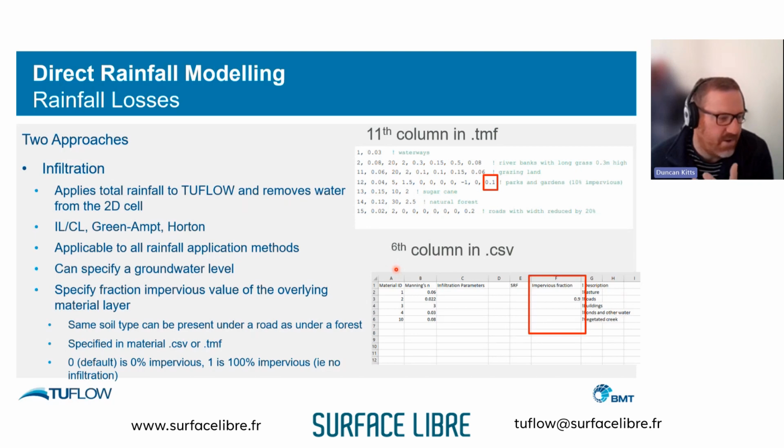What that means is that all the soil essentially infiltrates. 1 is 100% impervious, i.e. we don't have any infiltration, or we could specify a fraction between 0 and 1. So in this instance, our roads have got an impervious fraction of 0.9. That means only 10% of that area on a cell-by-cell basis is available for infiltration. So it will factor the infiltration into the soils based on that impervious fraction.